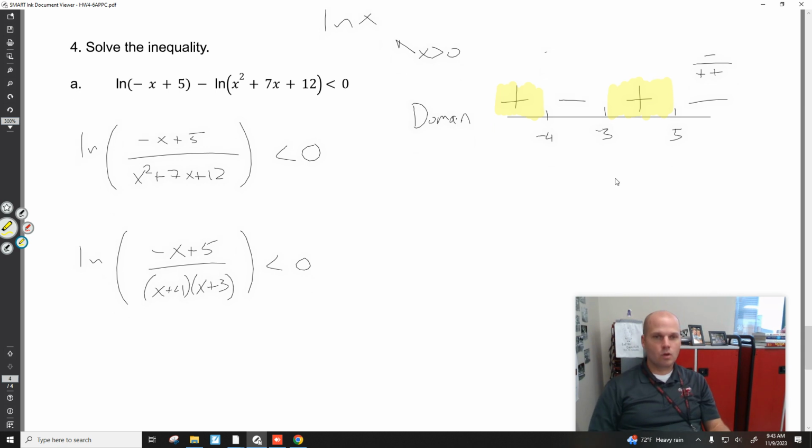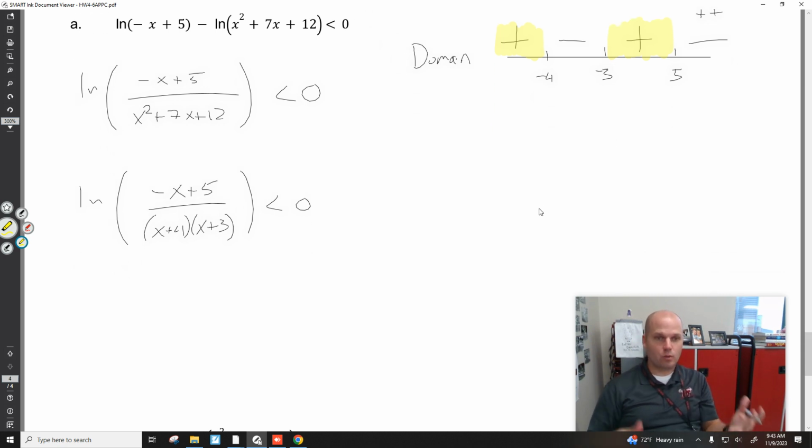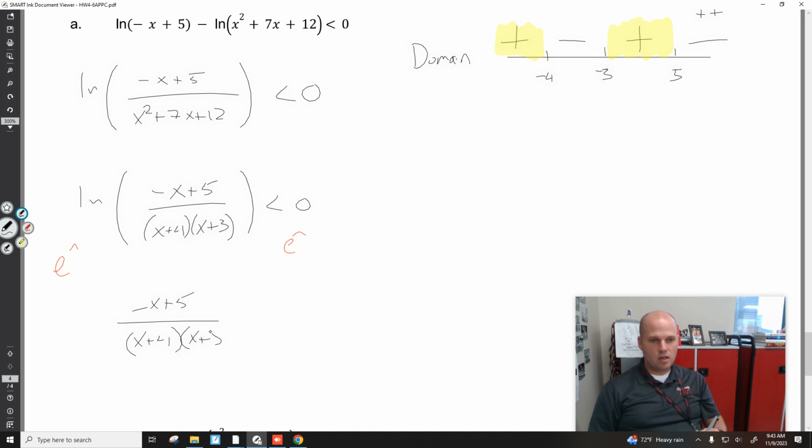Okay, cool. Well, now let's get to the heart of the matter, which is solving this inequality. Like, how do I solve this inequality when there's the log less than 0? Well, you can see after taking e to the power of both sides, it will be when minus x plus 5 over x plus 4 times x plus 3 is less than 1.